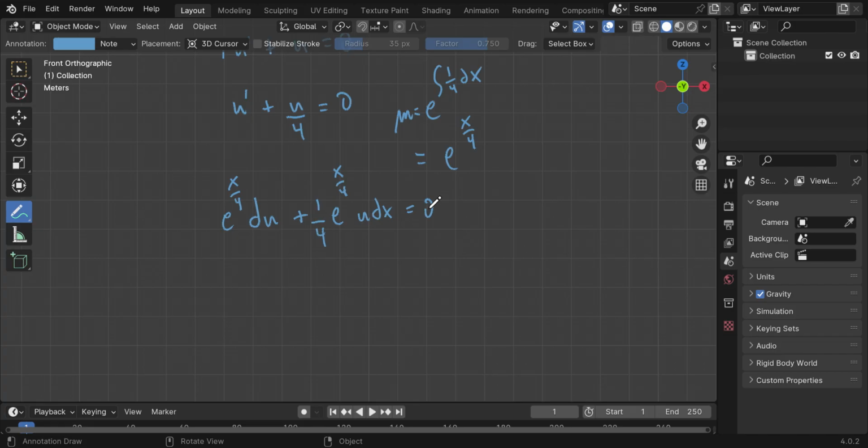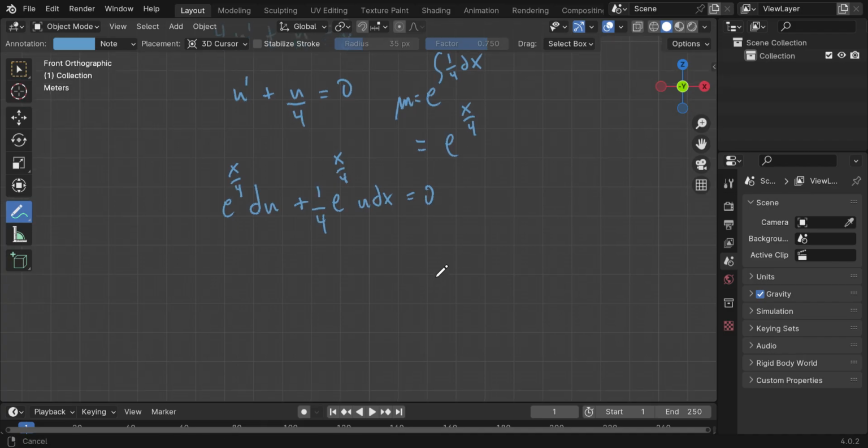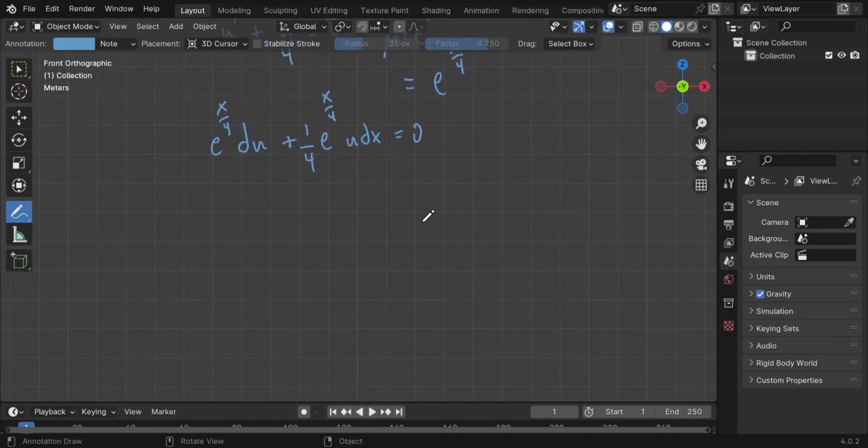That should be correct, because what if we had d of u times e to the x over 4?